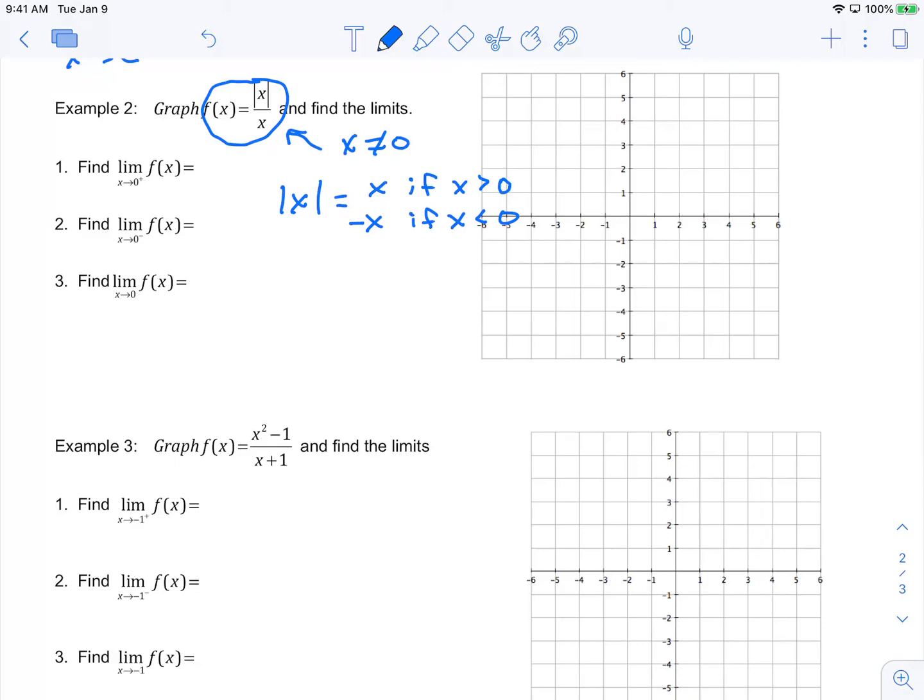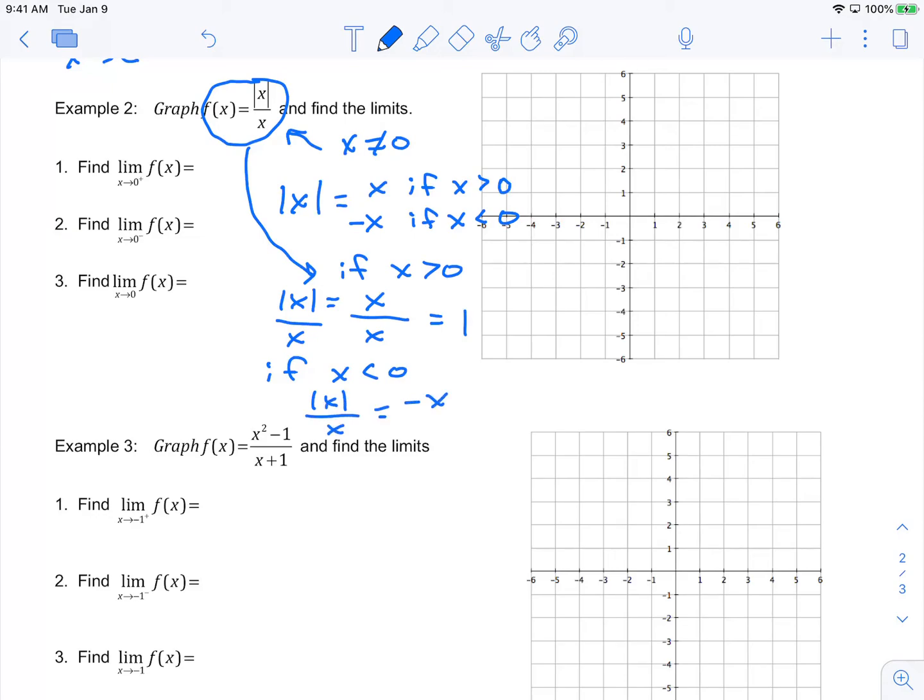All right, so now using that, we split this up into two cases. If x is greater than 0, we just do x. The absolute value of x is going to equal x. And so we get 1. But now if x is less than 0, then we know the absolute value of x is going to be negative x.